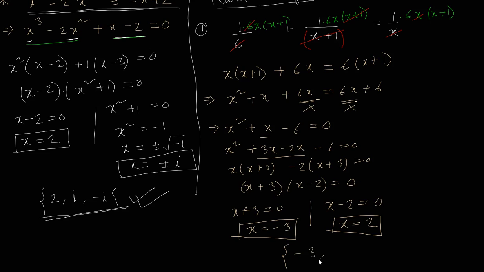One is negative 3, another is 2. Again, we need to check these probable solutions with our original equation, and if we check it, you are going to find that they do work. So that is one problem involving a rational equation.